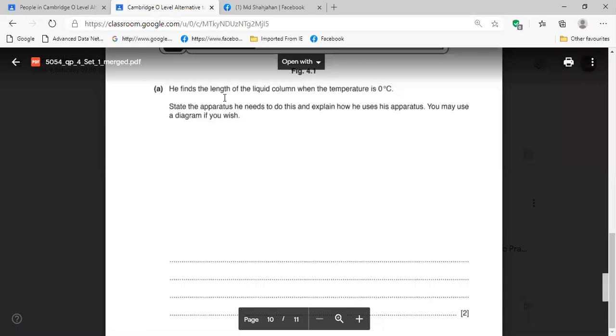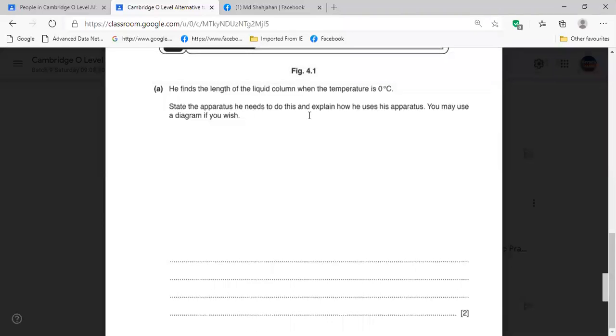So he finds the length of the liquid column when the temperature is 0 degrees Celsius. State the apparatus he needs to do this and explain how he uses his apparatus. So you have any idea how to do it?